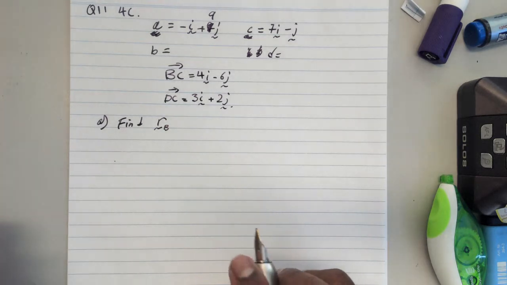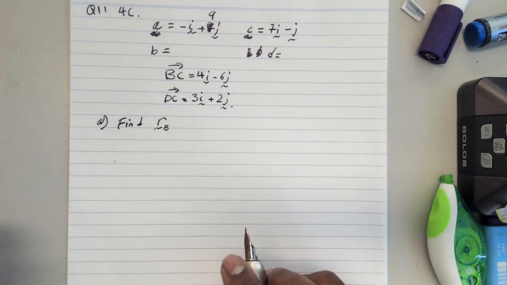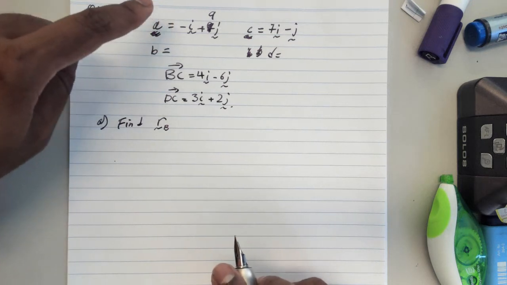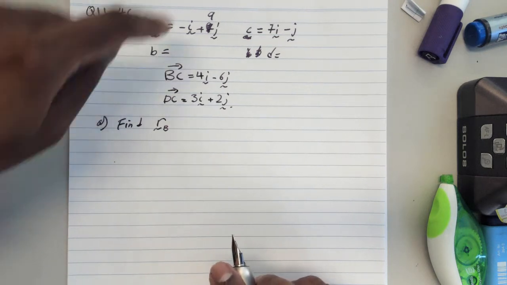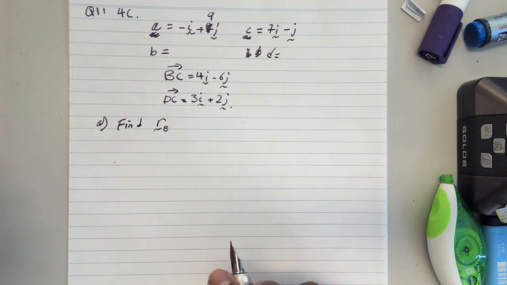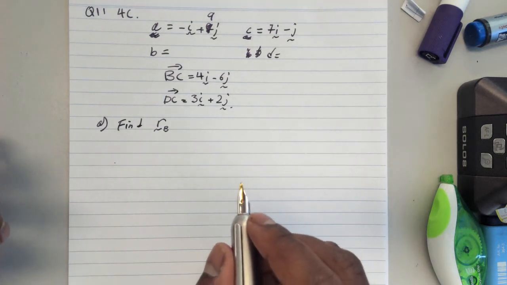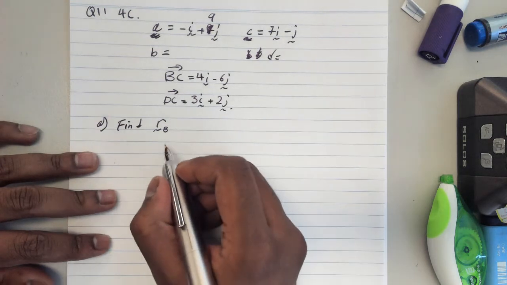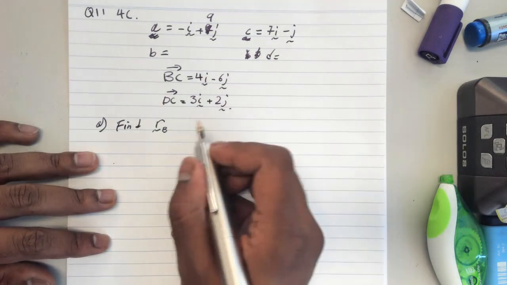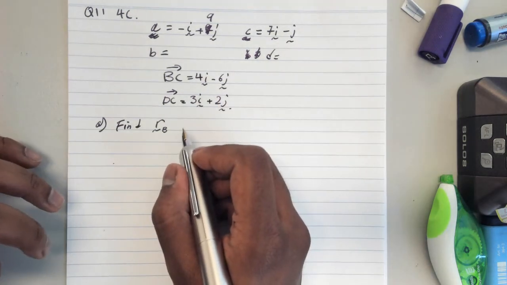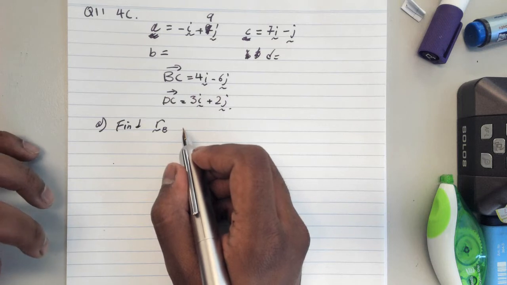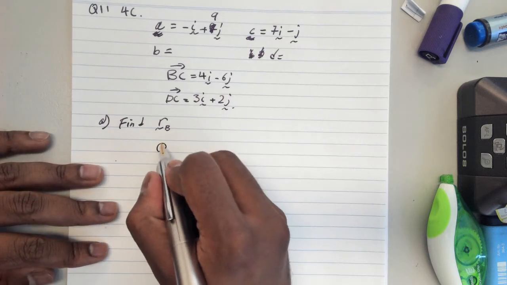Well then, how now? We have A, we have BC, we have C, we have DC. Which two do you think we should use? We can use any one of these, but how would I get to OC?